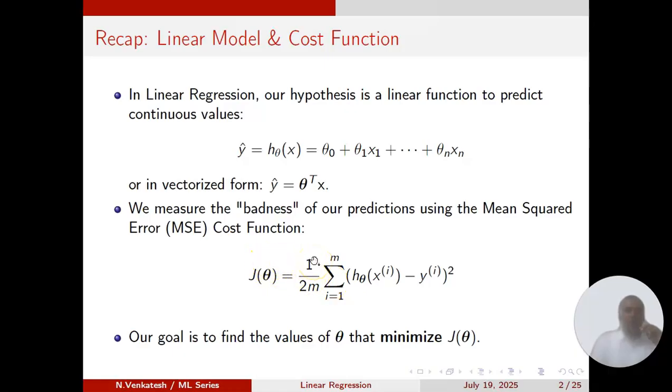You can find f dash x, that means the derivative of f of x, and equate it to 0. Then you can find some x at which f of x has a minimum or a maximum. Then again you can take f double dash x. Depending on whether f double dash x is greater than 0 or less than 0, you can say that f of x has a minimum or a maximum value.